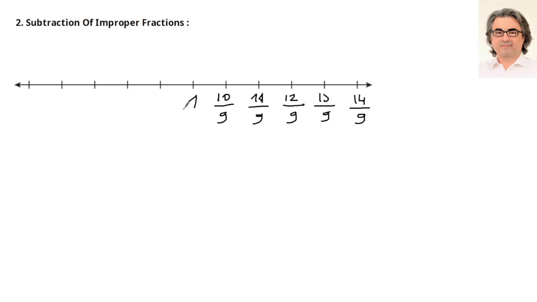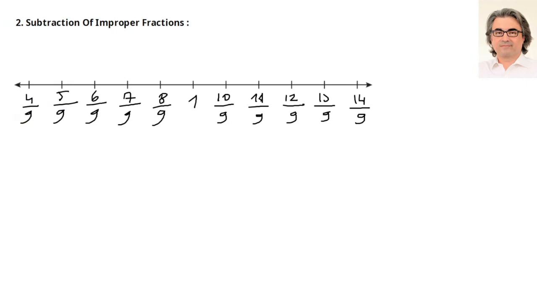And after 1, this is 8 over 9, this is 7 over 9, this is 6 over 9, this is 5 over 9, and this is 4 over 9, and so on.